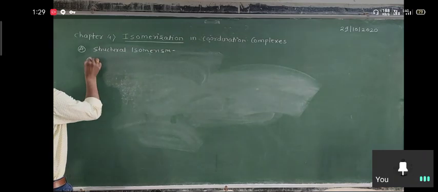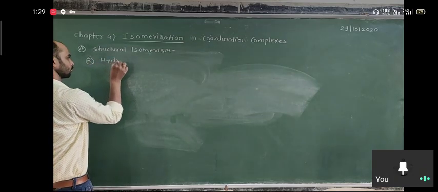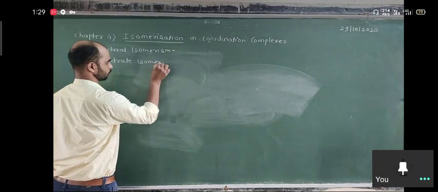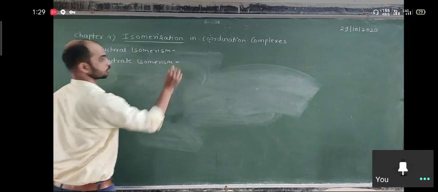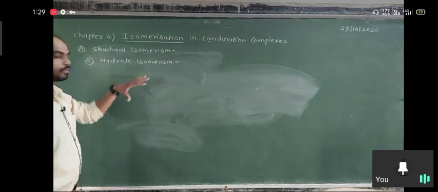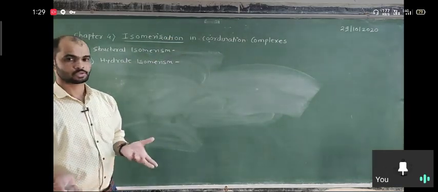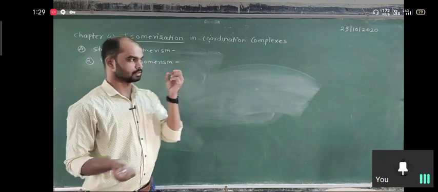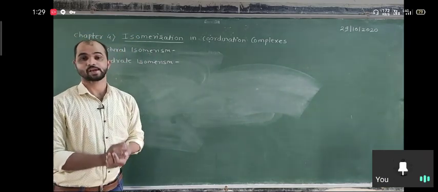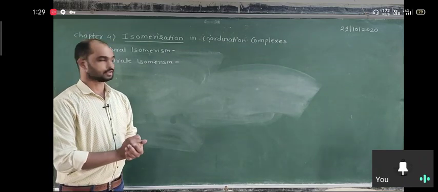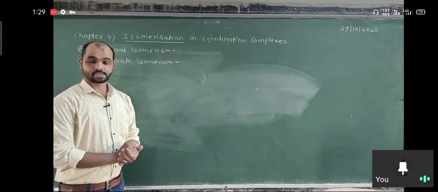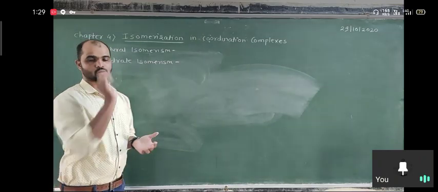Second, hydrate isomerism. Okay, what is the meaning of hydrate? Hydrate means H2O. It differentiates two compounds which have the same molecular formula by the number of water molecules present inside and outside of the complex.